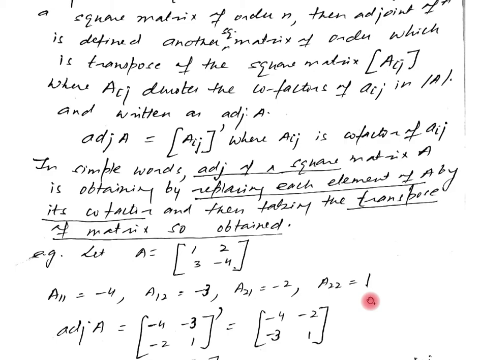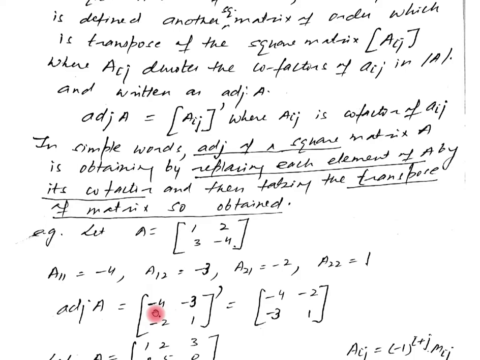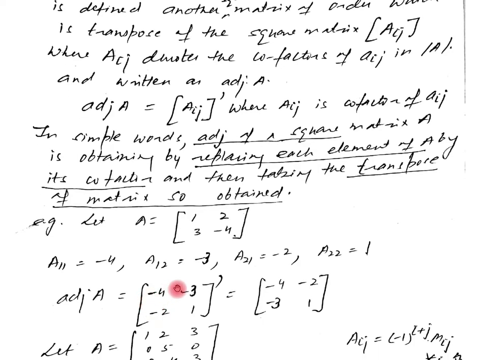But take care: whenever the sum of the indices is an odd power, we have to multiply the minor by the negative sign. If the sum of the indices is an even power, then the minor itself is the cofactor. Now we have found the cofactor of each element of the given matrix. Now we replace each element by its cofactor and get this matrix.